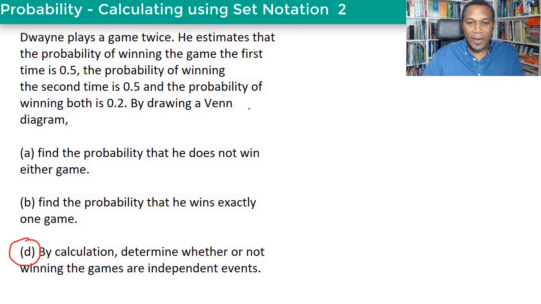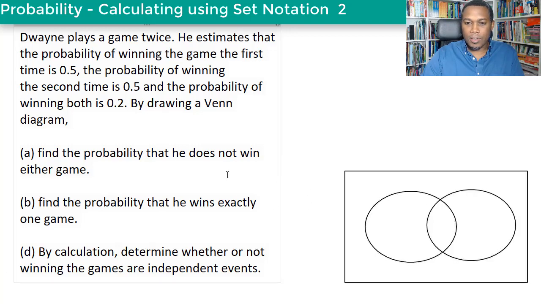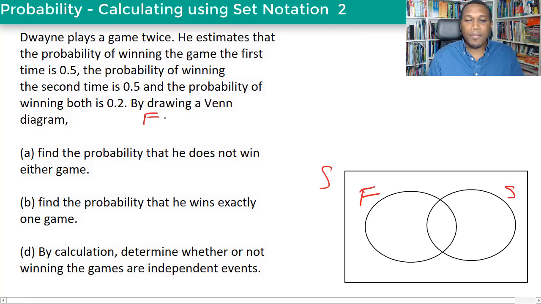Let's get our Venn diagram, shall we? I need a Venn diagram up, so I'll switch to this screen. And we have to label up the Venn diagram. So I'll have my sample space, and I would label it using F and S, where F is the event that you would win the first time, and S would be win second time.